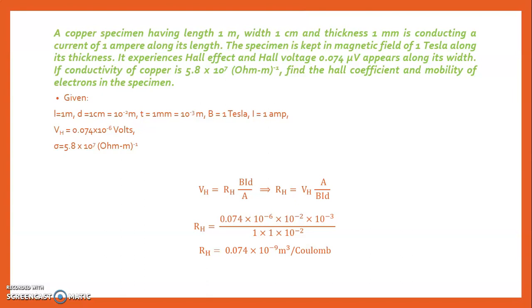Now, as we know the value of the Hall coefficient, we can find the value of mobility. The mobility of an electron is given by mu is equal to sigma into RH, where sigma is conductivity and RH is the Hall coefficient, which we have just calculated. So the value of conductivity is 5.8 into 10 raised to 7 into 0.0074 into 10 raised to minus 9.